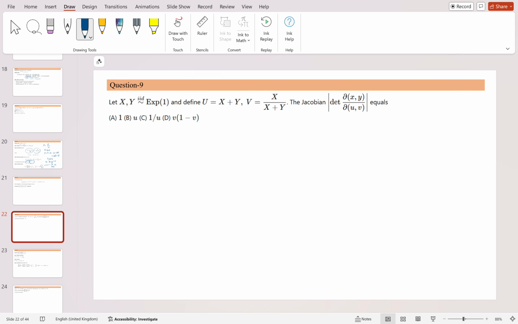Okay, let me give the solution for this. When you say u is equal to x plus y, v is equal to x divided by x plus y, you have to find out what the Jacobian is. Okay, give me 1 minute.